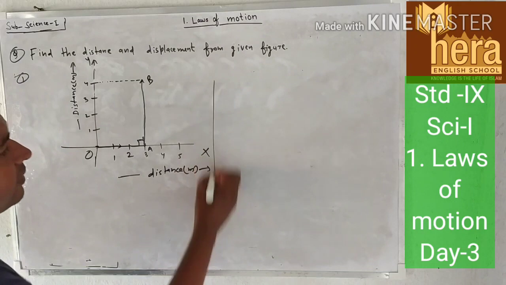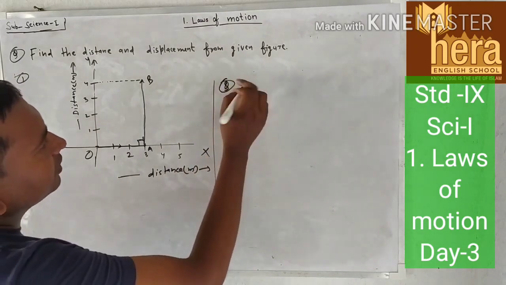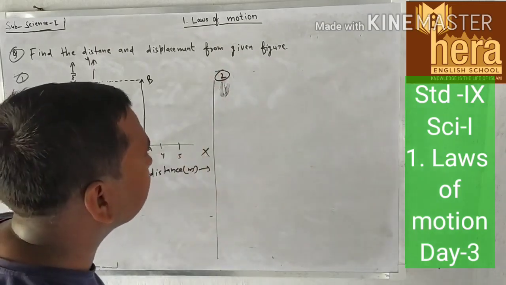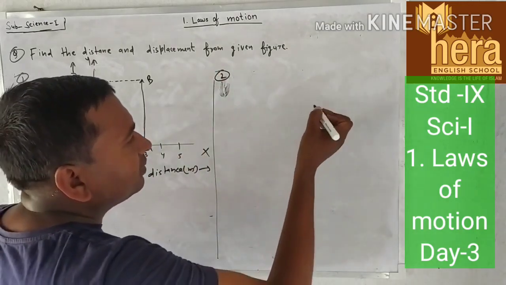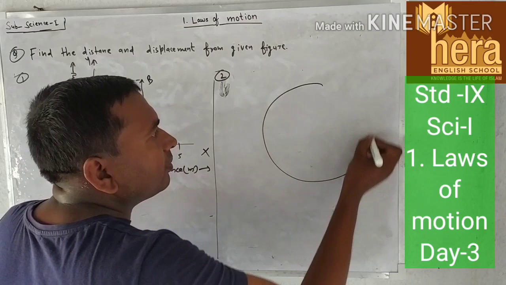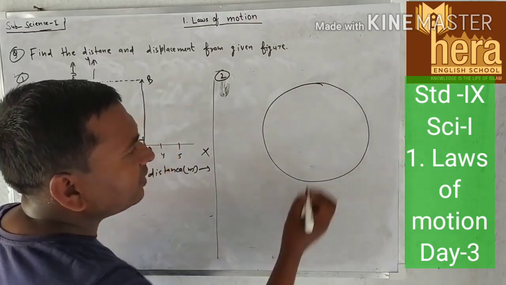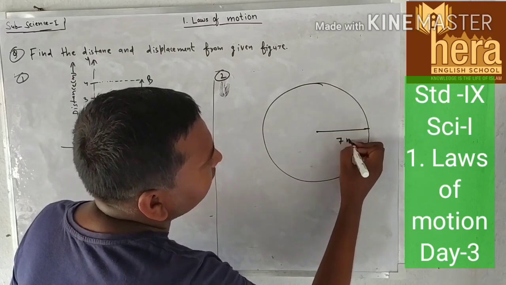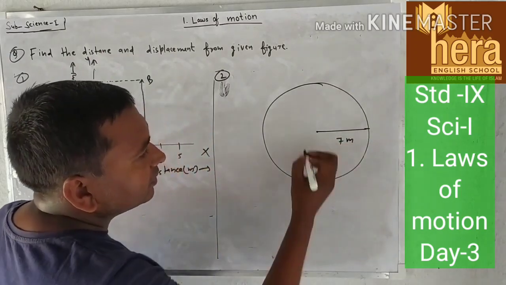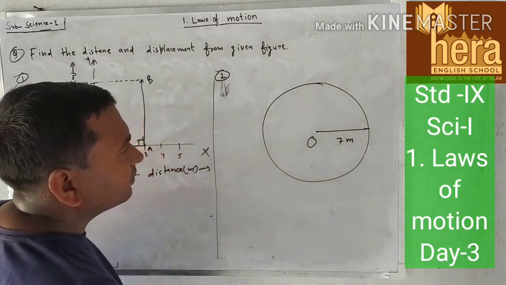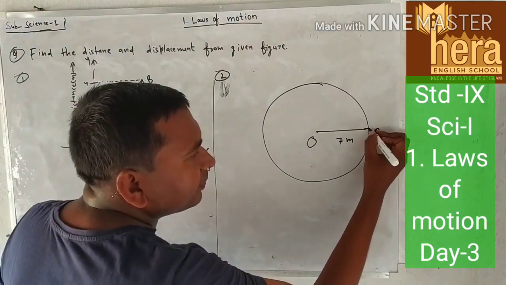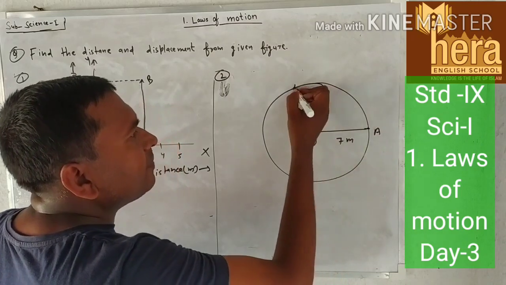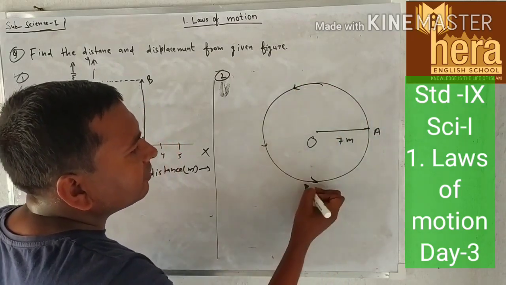Question number 2 is: one circle is there, having radius 7 meters. This is O. The object started from point A and came again to point A after time t.